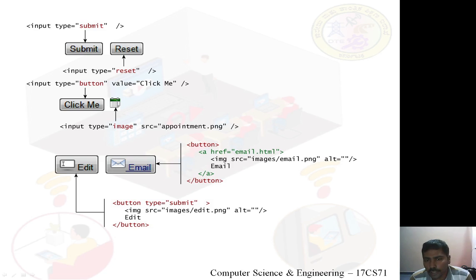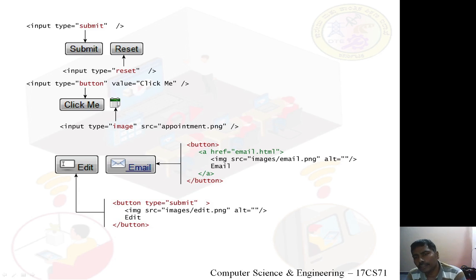Now looking at the last two buttons, I said the button element differs from submit as well as input type equal to button, because it allows us to place both an image as well as text on the button. Now let me look at the second case, with one image and the text email.